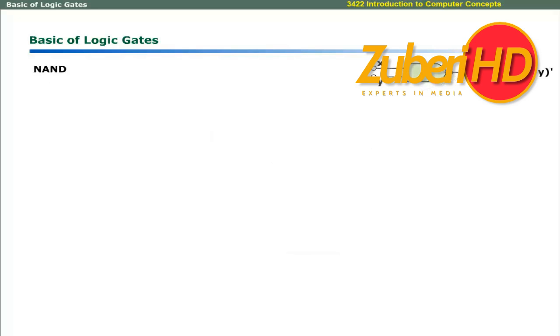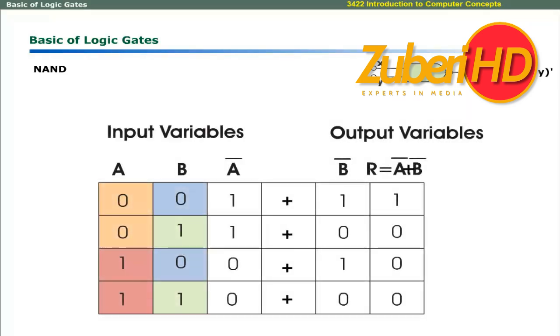Complemented AND gate is represented by the equation A bar plus B bar. The truth table for complemented AND gate is represented like this. The input variables are complemented and logical addition is applied to get the result.